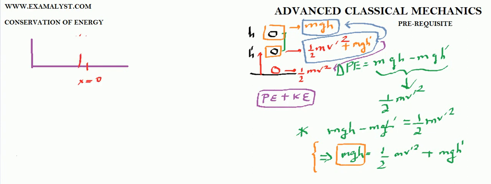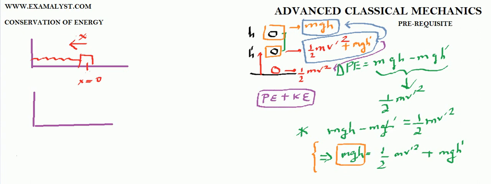So the mass is happily here and nothing happens to the mass. Now what you do is, you push the mass this side by a distance x.